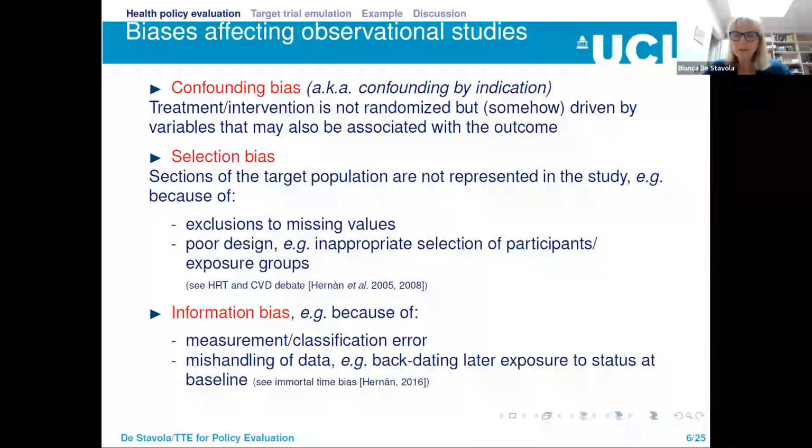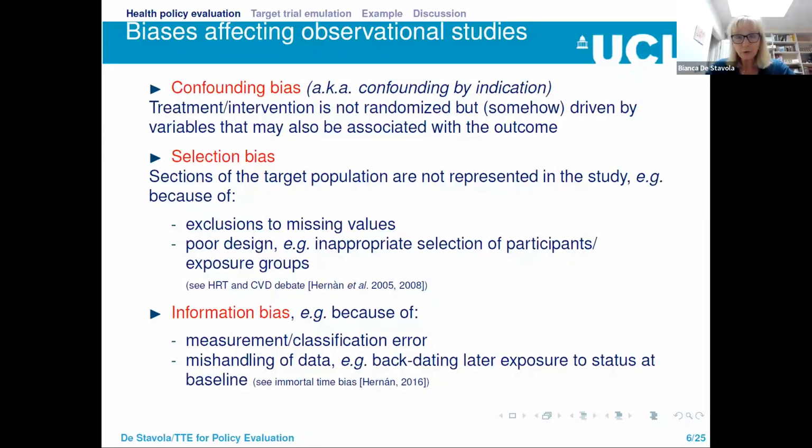Selection bias is another very likely limitation of using observational data, as well as being driven by what population you can catch through, say, linkage.